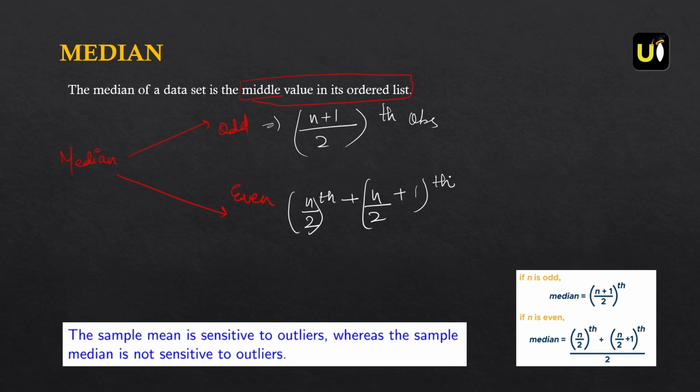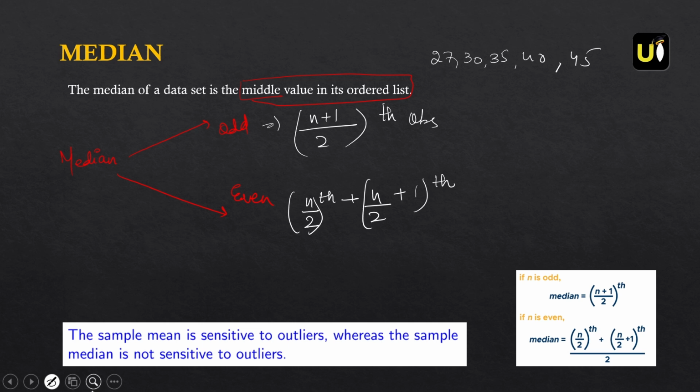All right, so now suppose I have a data set that is 27, 30, 35, 40 and 45. If someone asks me what the median is, we will count the number of terms.